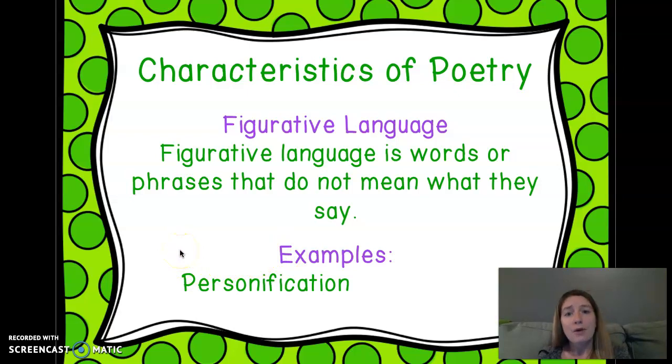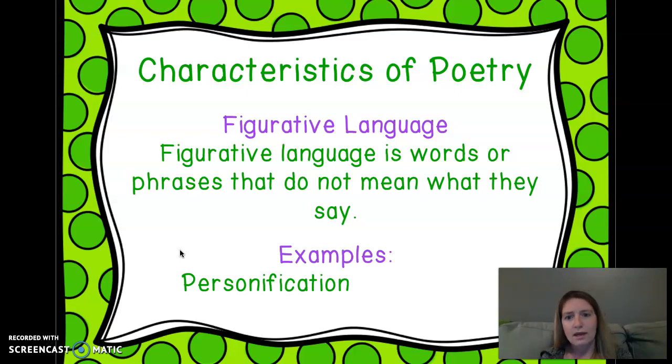When we have poetry, we have certain characteristics of poetry, or things we can find in poetry, and they are called figurative language. Figurative language is words and phrases that don't mean what they say. An example is personification, and that's when we give an item human characteristics.